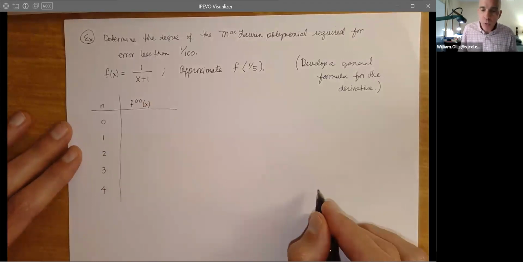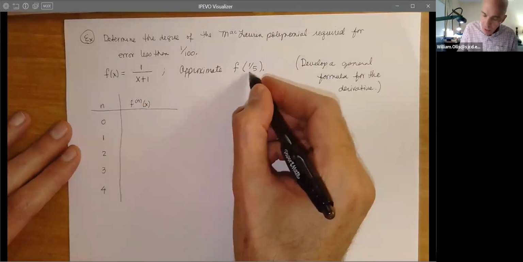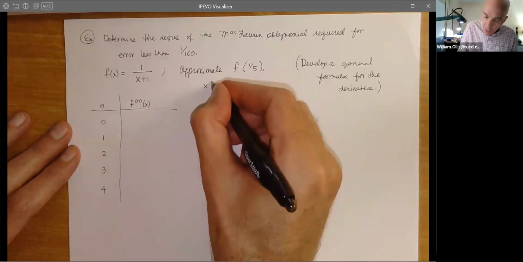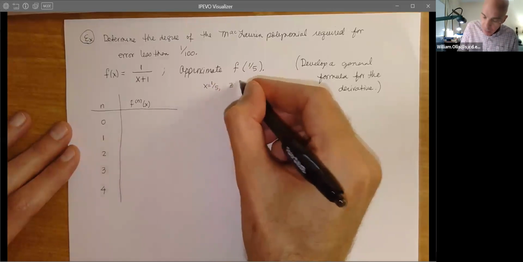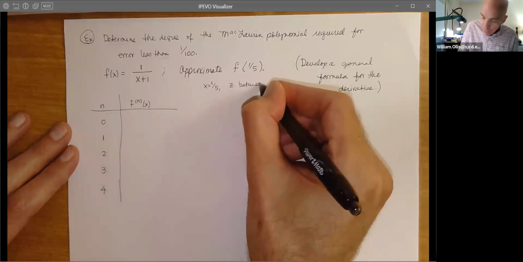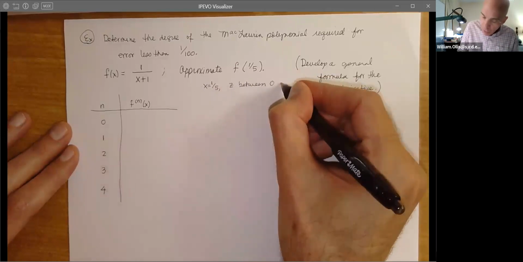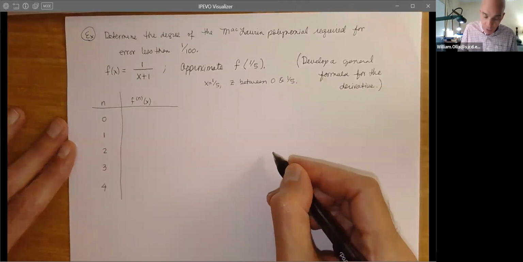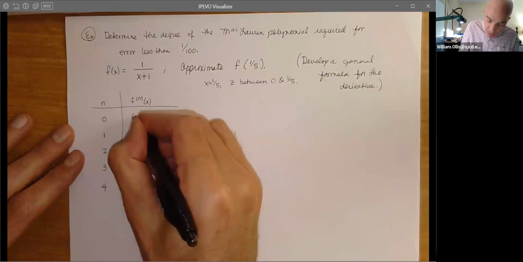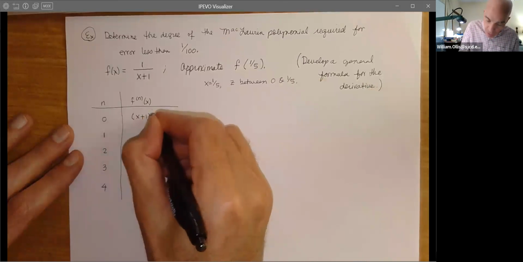So now what we want to do, again, we have x equal to 1/5 and z between 0 and 1/5 from Taylor's polynomial. So this will be x plus 1 to the negative 1.